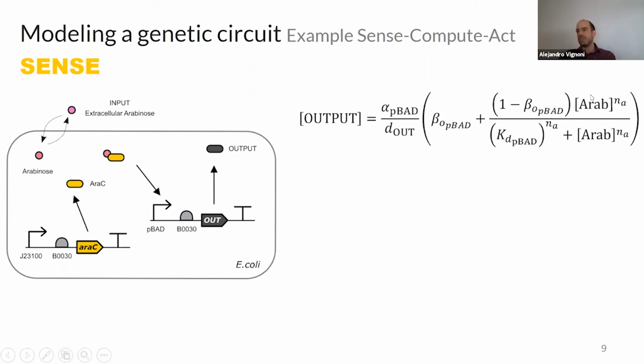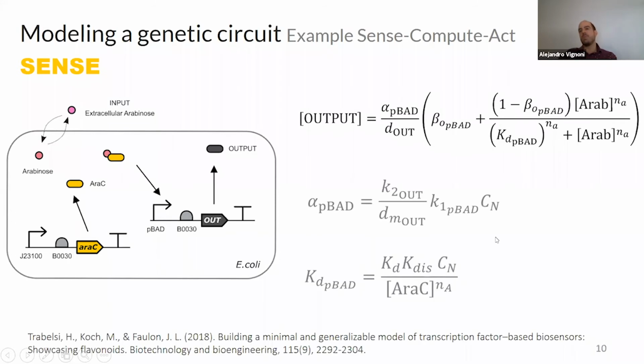The concentration of arabinose goes here, the Hill function, n, and the dissociation constant of the inducer complex to the promoter, which is the Kd. And then here we have collected all the parameters. In the alpha, we have the transcription rate of the PBAD promoter, which is K1.